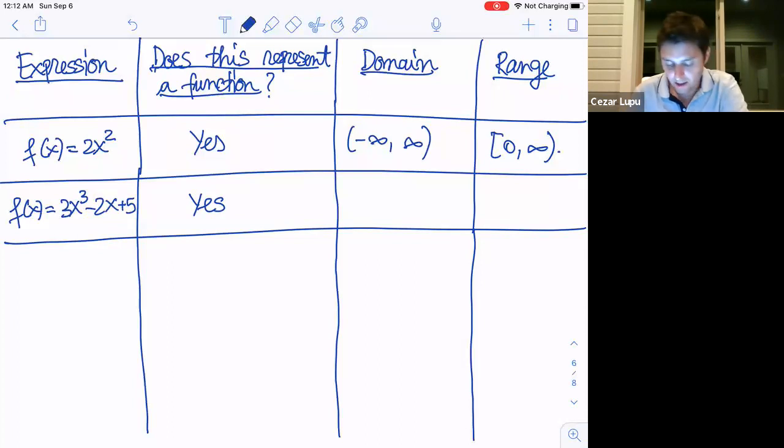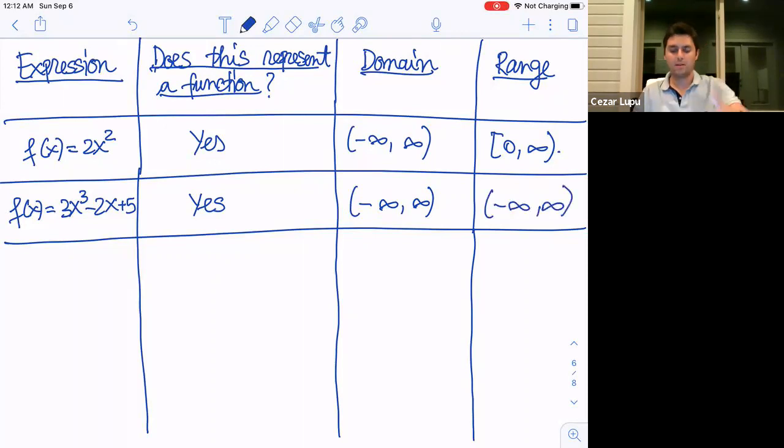The domain again, we can plug in any value for x, so you won't have any problems. So the domain will be negative infinity, infinity. And the range clearly is the same thing, negative infinity, infinity, since you don't have any restriction for this function. As you can see, it's a polynomial function of degree 3, so you wouldn't have any problem with it.